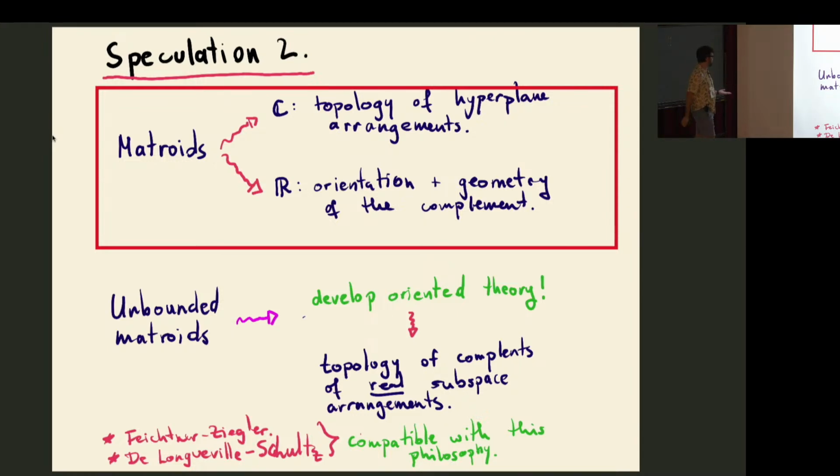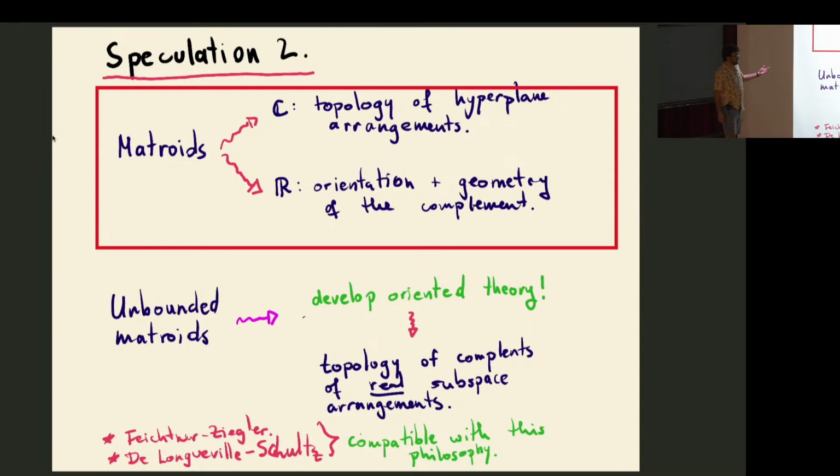The polymatroid does not determine the cohomology or a lot of the topological structure, but if we know a little bit more about some signs, then we can determine much more of the topology.